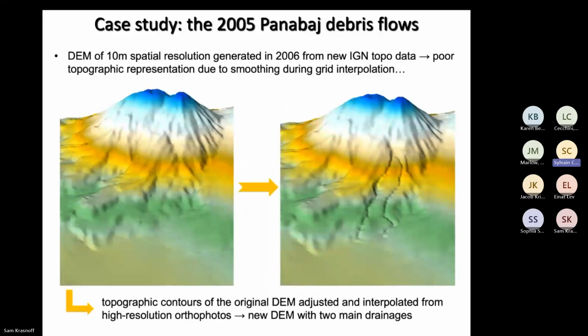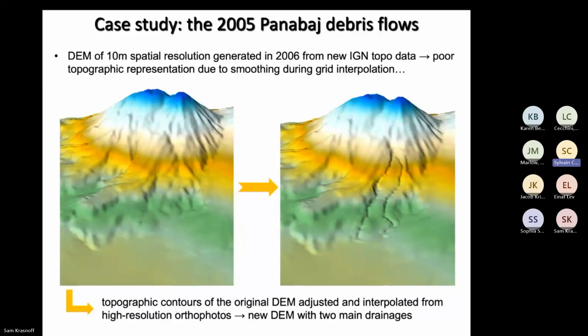And what we needed actually was an up-to-date DEM. So we managed to get a DEM of 10 meters spatial resolution made from IGN topo data, but the DEM was not really good at reproducing the channels, especially the narrow channels where the 2005 debris flows came down.